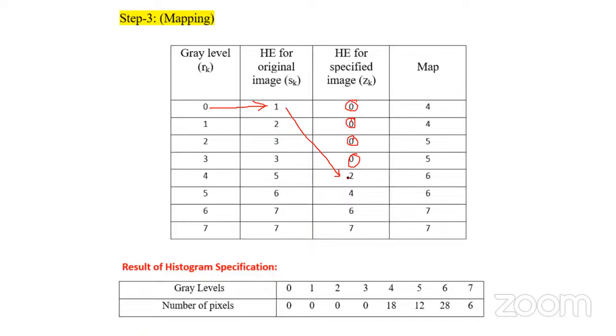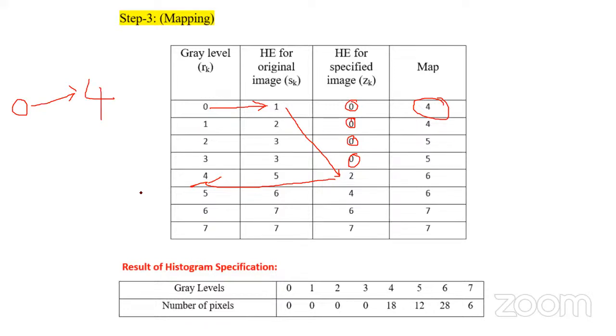So this transformation, T1 of R, is done. Now we have one more transformation, which is the inverse, T2 inverse. Which gray level value corresponds to these two? 4. Therefore 0 is mapped to 4. That means wherever 0 is available in the input image, we have to replace it with 4. That is the point.